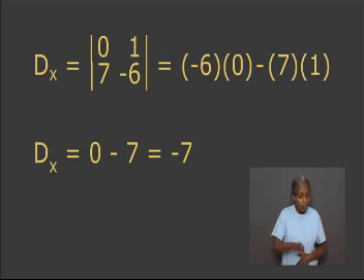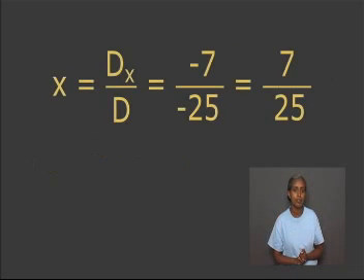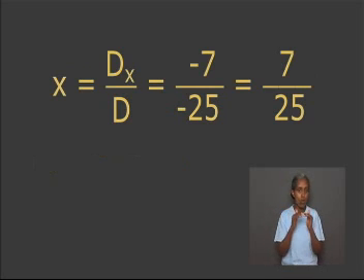To find dx, we substitute the constant vector column, which in this case is 0, 7, for the x column. We get 0, 1, and 7, -6. Evaluating this determinant gives us -7. So since x equals dx over d, our answer for x is 7 over 25.